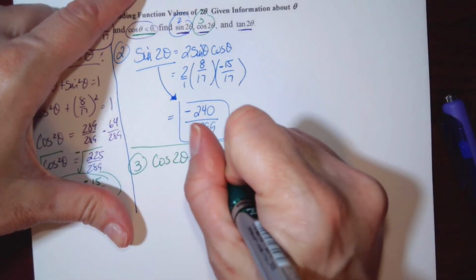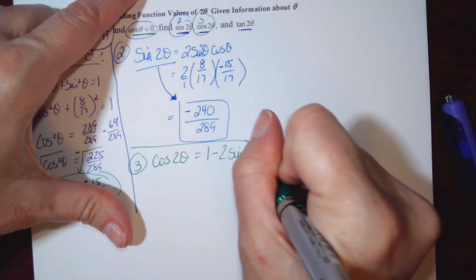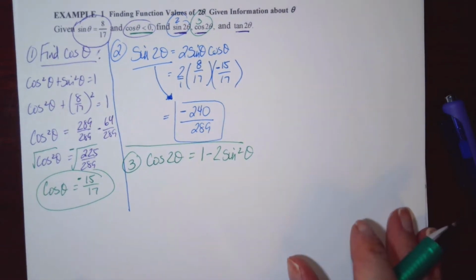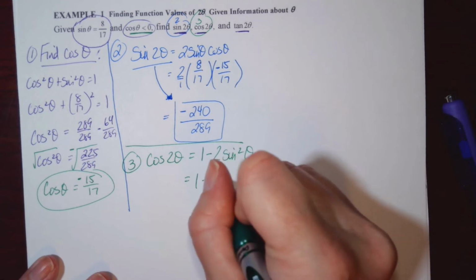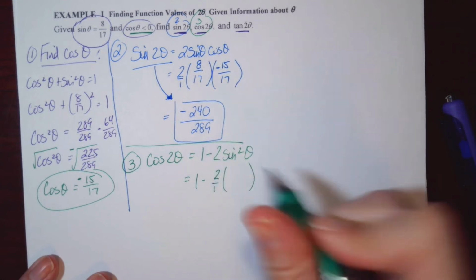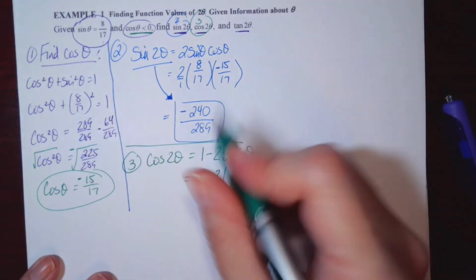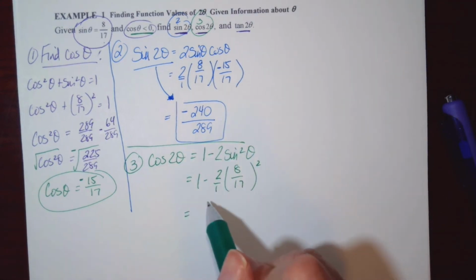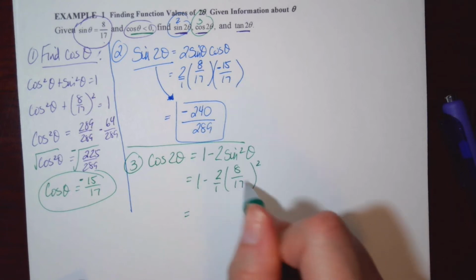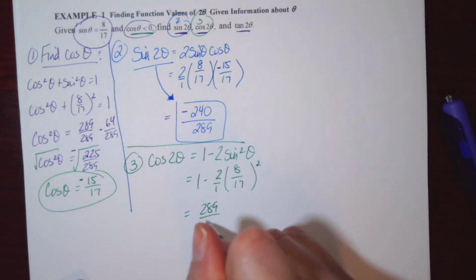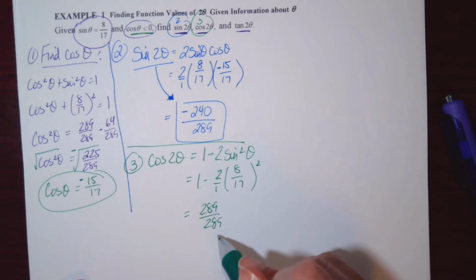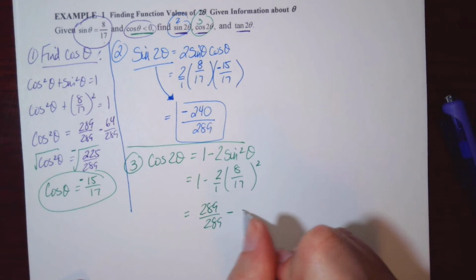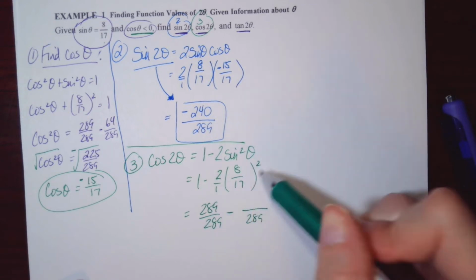So I'm going to choose to use 1 minus 2 sine squared theta as my double angle cosine identity. So that's 1 minus 2 times, and then I've got sine squared. Sine was given to me as 8/17. Order of operations is important. I know that when I square this 17, I'm going to get 289. So that 1 gets rewritten as 289 over 289 minus, before I multiply in the 2, I have to square the 8.